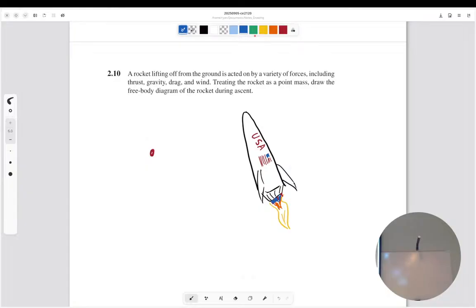It's just gravity, but also something. I just put it vertical.